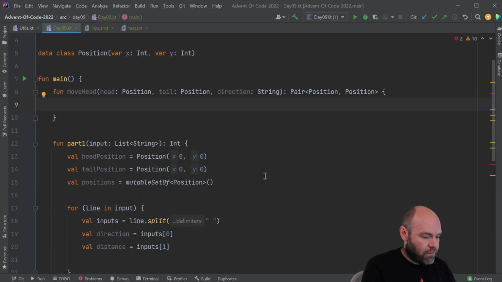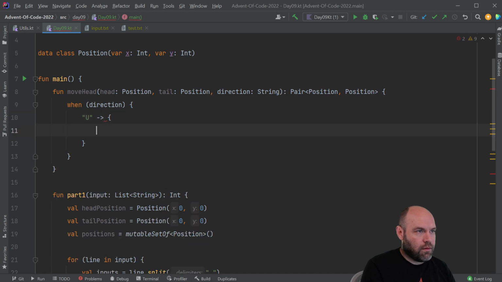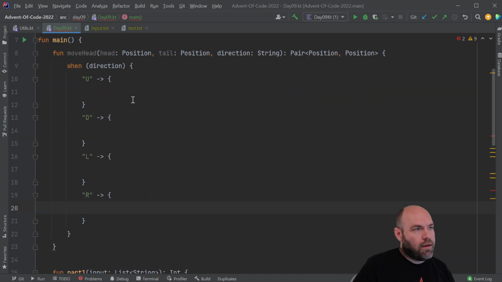So basically, when direction is up, then we're going to need to do some block here, and the way the tail follows is going to depend on the direction it moved. I mean, it doesn't have to exactly, but it will make it easier. And then for up, basically we just need to increase the Y position by 1.